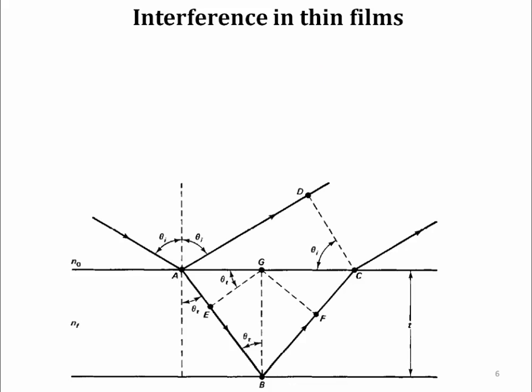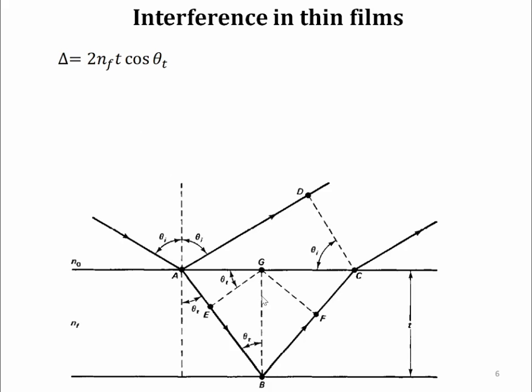Well, next, what is very interesting was interference in thin films. I'm sure you have gone through that article which was discussed in a video lecture that I had shared with you on NPTEL. Now, what was the condition? The condition remains the same.